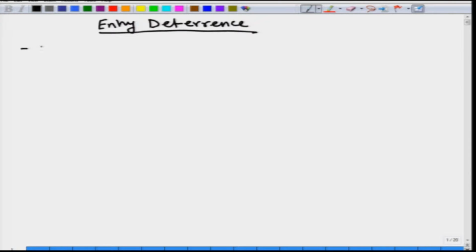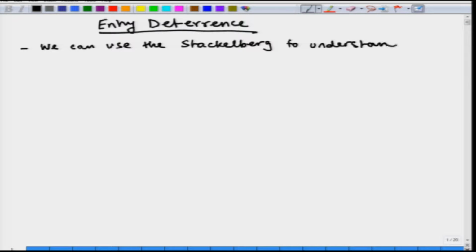So, we can use the Stackelberg model to understand entry deterrence.